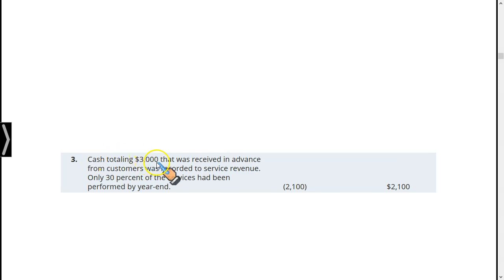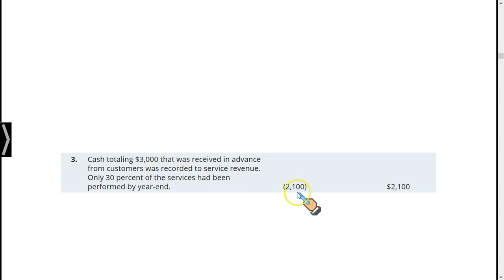Cash totaling $3,000 that was received in advance from customers was recorded to services revenue. Only 30% of the services had been performed by the year end. That means of the total amount of 3,000, 30%, that's $900, has been earned. The remaining $2,100 is unearned.